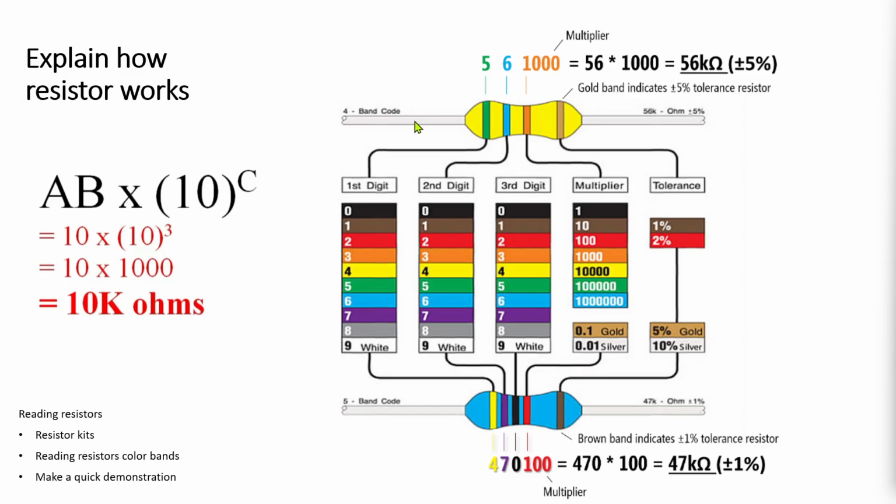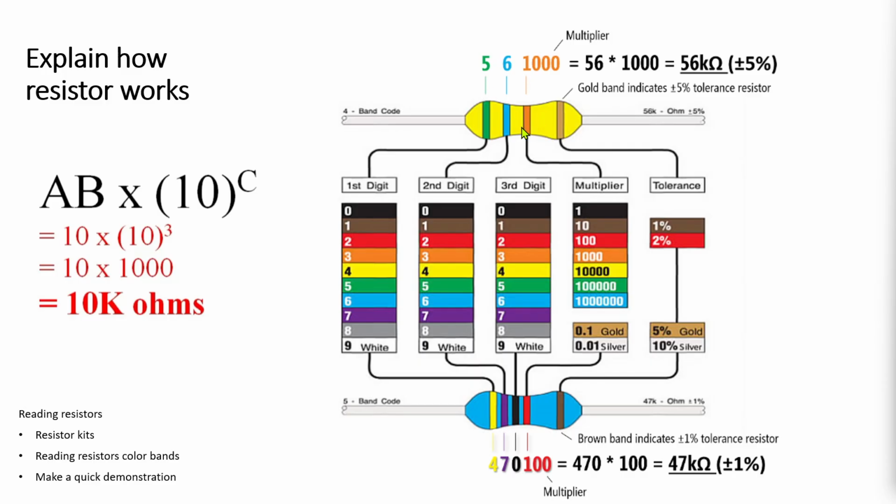For example, here we have green, blue, and orange. In the data sheet, the first color, green, corresponds to 5, so we put 5 here. The second color, blue, is 6, so we put 6.